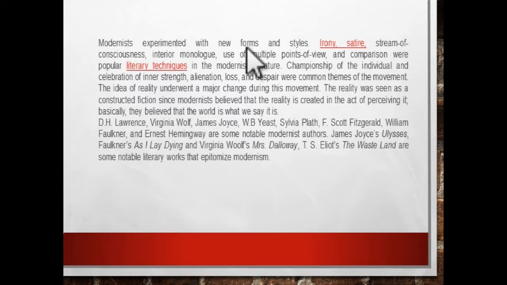Modernists experimented with new forms and styles. Irony, satire, stream of consciousness, monologue, use of multiple points of view, and comparison were popular literary techniques in modernist literature. Championship of the individual and the celebration of inner strength, alienation, and loss of desire were common themes of the movement.